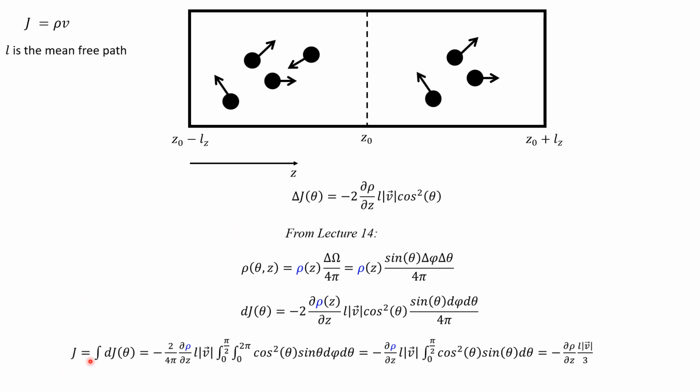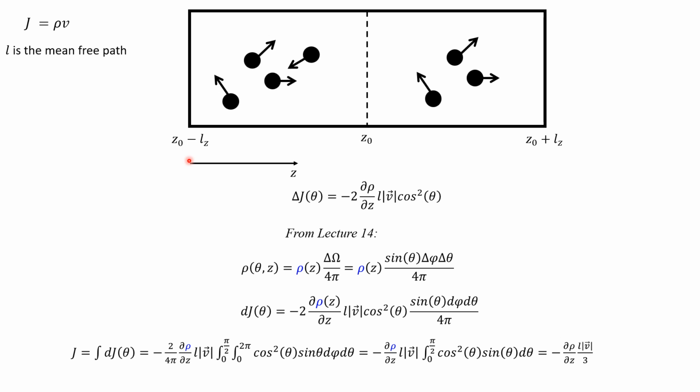Now to get the total current, we have to integrate over all angles that contribute to the current at the point we are evaluating. So recall that theta is the angle that the velocity makes with the horizontal. If theta is 0, then the velocity is aligned with the horizontal. If theta is pi over 2, that means that the velocity is making 90 degrees with the horizontal.